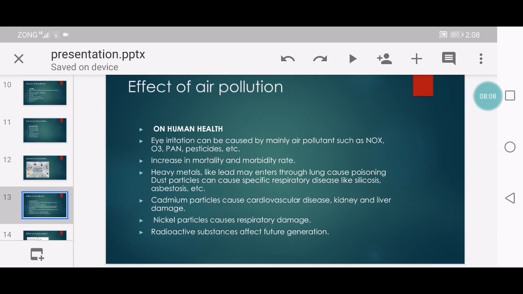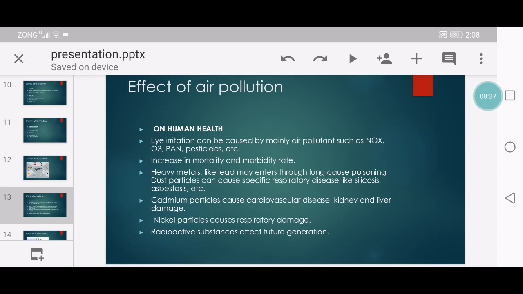Heavy metals like lead may enter through the lungs and cause poisoning. Dust particles can cause specific respiratory diseases like silicosis, asbestosis, etc. Silicosis is caused by breathing in tiny bits of silica, and it affects workers such as construction and mining workers.